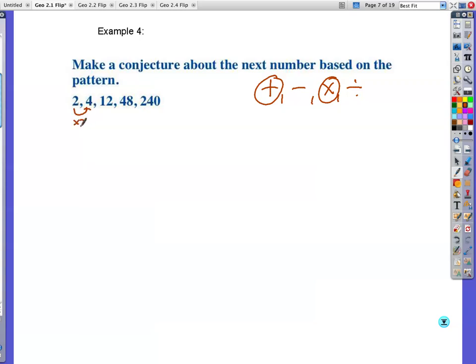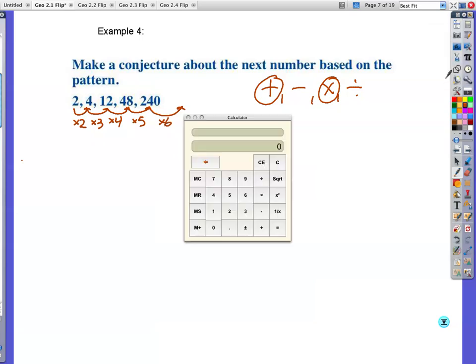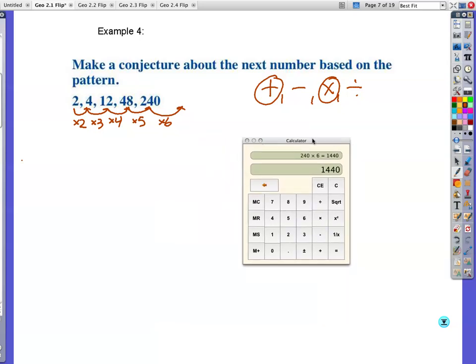I multiply by 2, then by 3, 12 times 4 is 48, and then times 5 gives 240. That seems to be a pattern: times 2, times 3, times 4, times 5. So to figure out the next number I would take it times 6. 240 times 6 is 1440, my next number in the sequence. And I could keep continuing if I needed to.